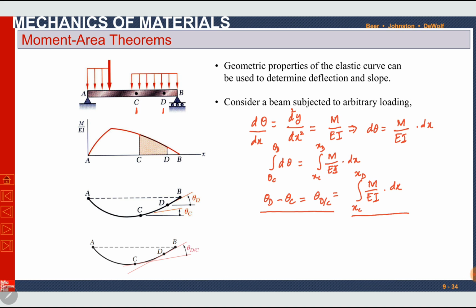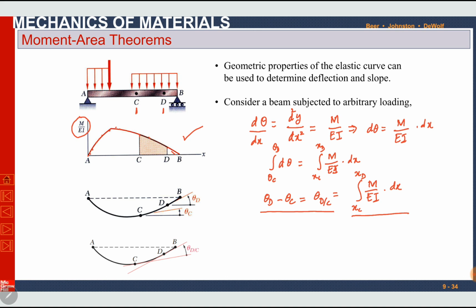Theta D minus theta C, or theta DC, is the change in slope, and this is the area under the M over EI curve. Usually we draw moment diagrams. If we divide the moment by EI, which is a constant number, we can also plot M over EI diagrams like this one. The diagram will be of the same shape, just the numerical values will change, divided by EI.